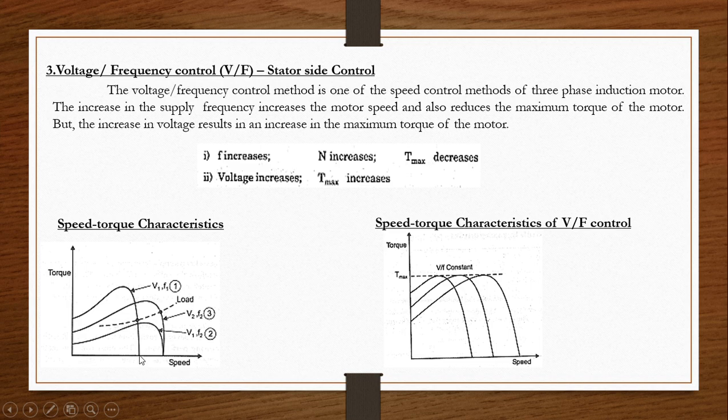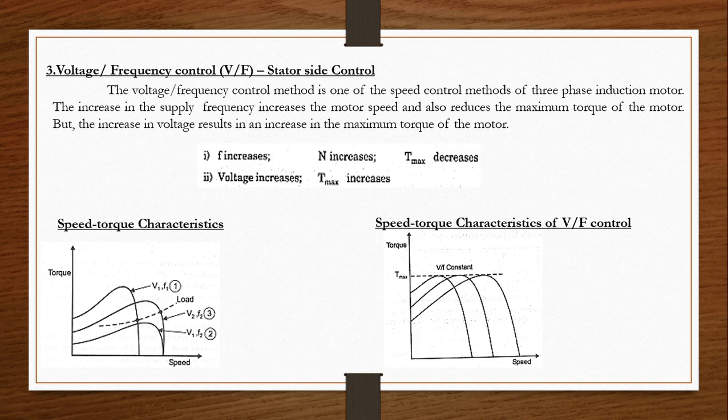We have lower speed. In the second case, we are maintaining the same voltage but the frequency value gets increased. So the speed is increased compared with the previous case. In the third case, frequency is maintained constant but the voltage value gets increased. Here also the speed value increased compared with the first case.